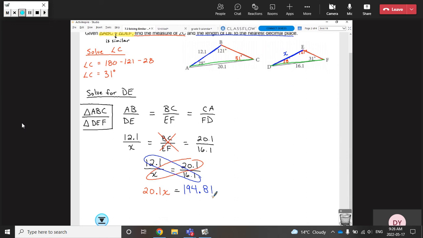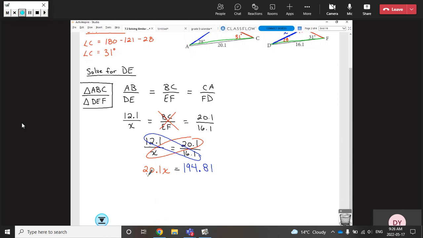That gives 194.81. We're close. Divide each side by the coefficient of x, which is 20.1, and then x equals 9.69. So we'll say 9.7 units.